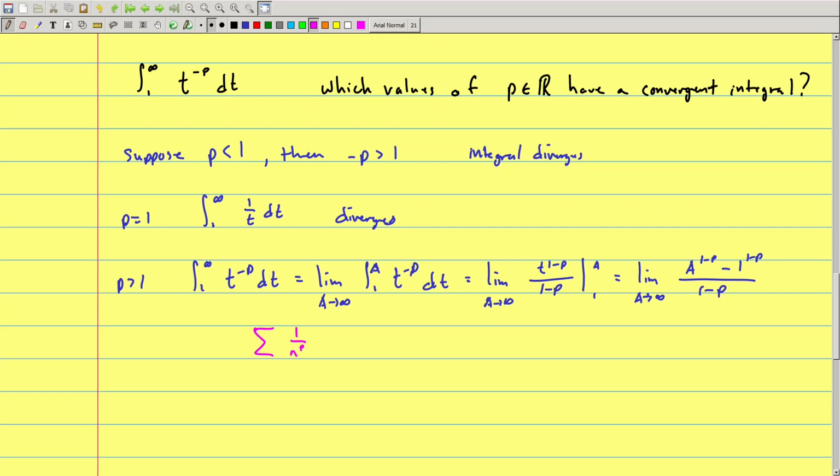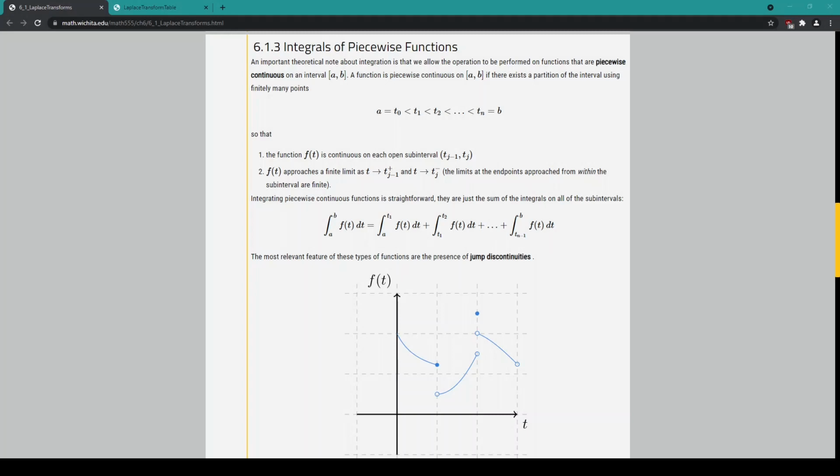One of the things that I want to just show from the typed up online notes, to save a bit of time here, is kind of the next step when it comes to talking about computing these integrals that we're interested in. And that is how we handle piecewise functions.